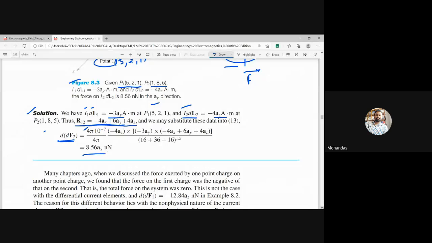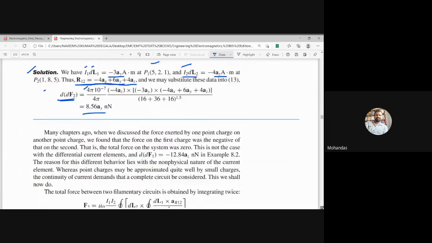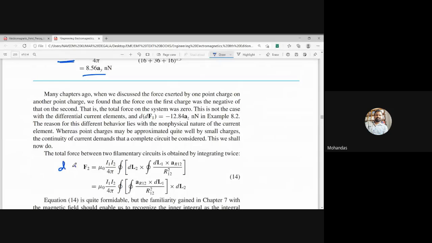Actually, this is a differential of differential force, without the integrations. What is that? Mu naught into I2 DL2 cross I1 DL1 cross AR12, divided by 4 pi into R12 whole square.